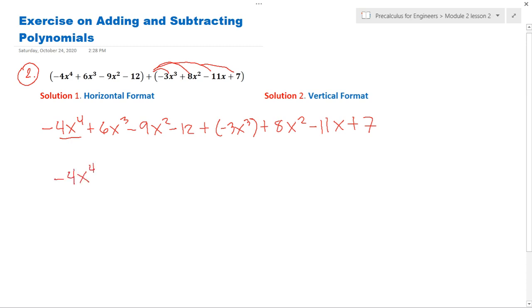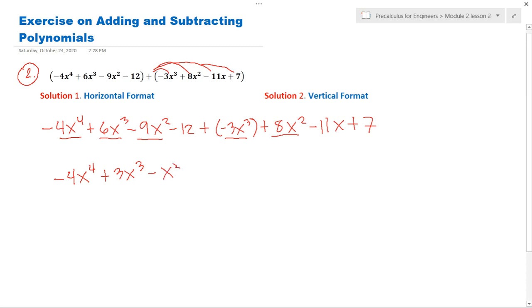What's next? X cubed. So I spot here 6x cubed and another negative 3x cubed. So combine both, so we have positive 3x cubed. Next, how about x squared? We have negative 9x squared here and positive 8x squared. Combine them, negative 9 plus 8, you have negative, so negative x squared.